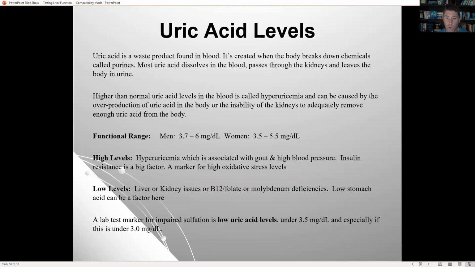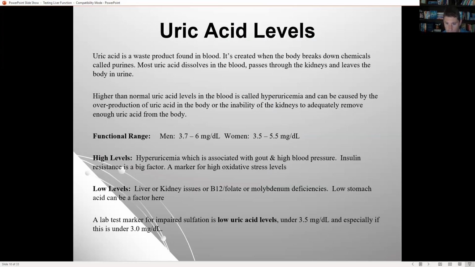Low levels, though, can also be a factor. In fact, a lab test marker for impaired sulfation is low uric acid levels, under 3.5 milligrams per deciliter, and especially if it's under 3 milligrams per deciliter.